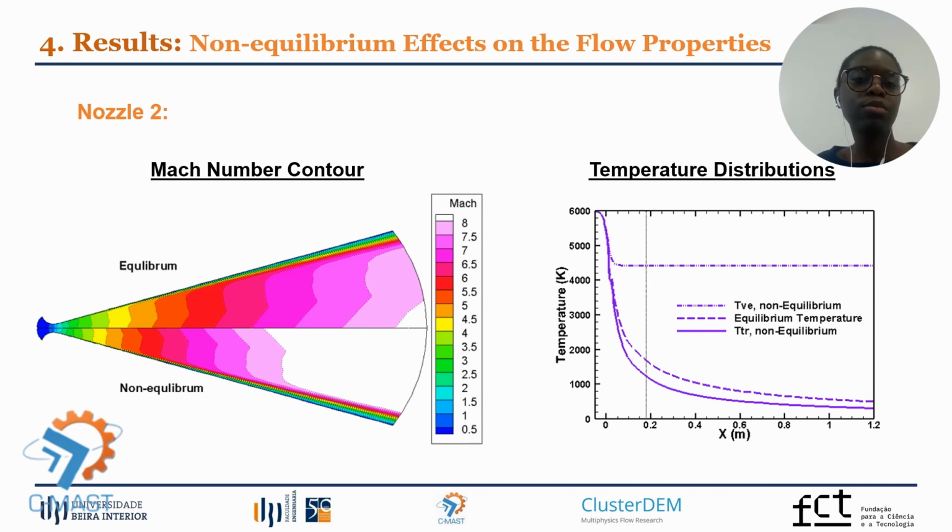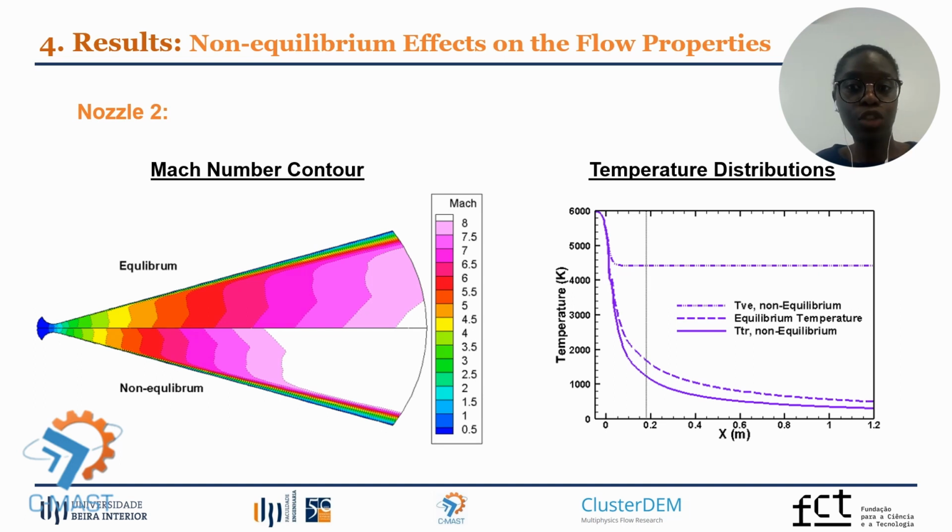Here, it's possible to observe that the Mach number is higher for the non-equilibrium condition. Immediately after the throat, the Mach number for the non-equilibrium condition grows more rapidly and reaches higher values.